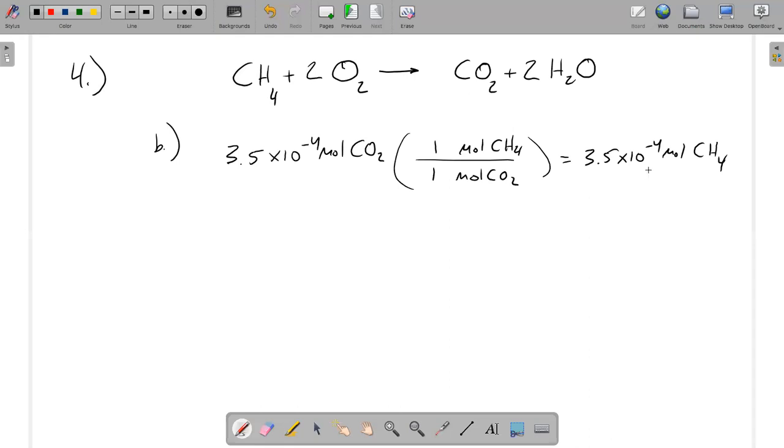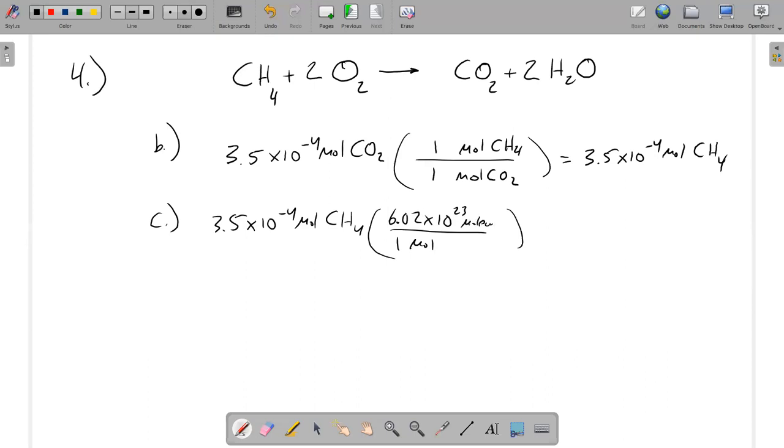How many individual molecules is this? If you take 3.5 times 10 to the negative fourth moles of anything, a mole of anything is 6.02 times 10 to the 23rd molecules.